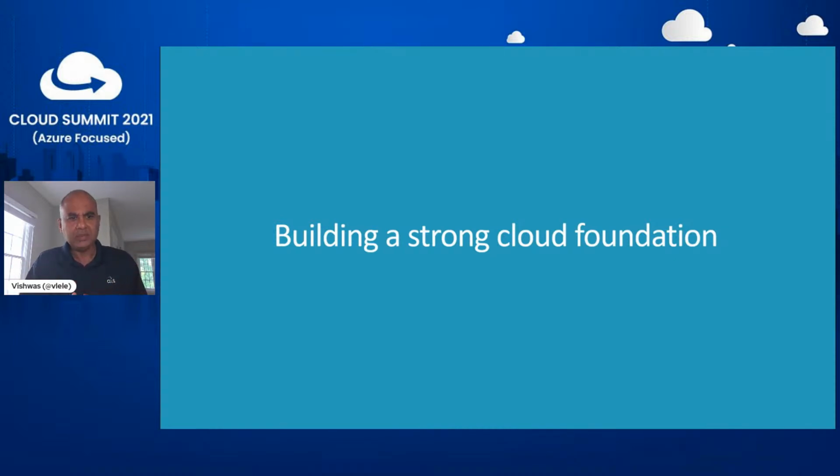Cloud consumers, even large companies and enterprises, don't have the resources to keep track of what is happening and what the new features are. As a result, I feel that what we should focus on is building a strong cloud foundation. And there are about 10 things that I want to talk about in terms of building that strong cloud foundation.